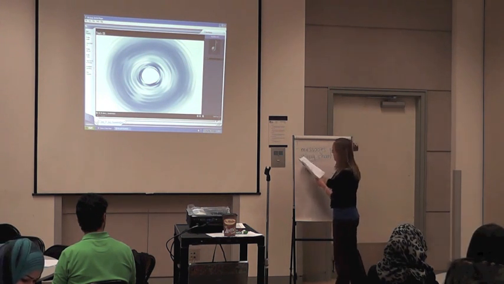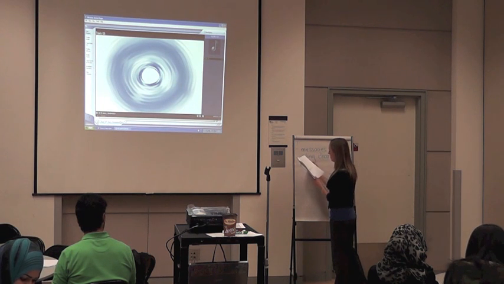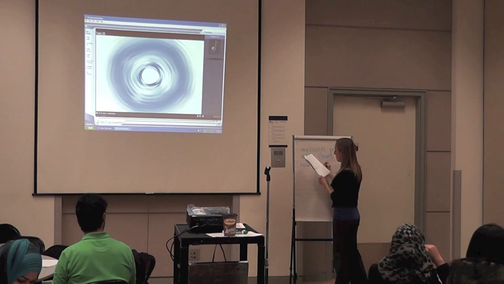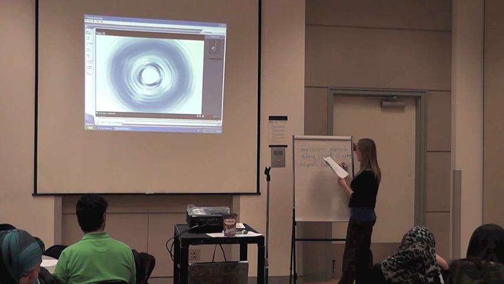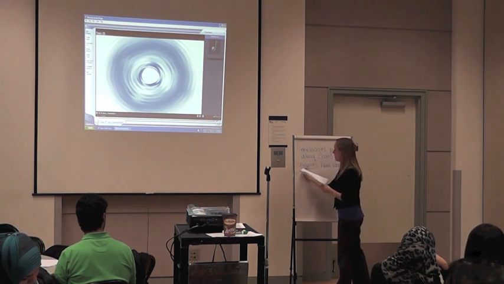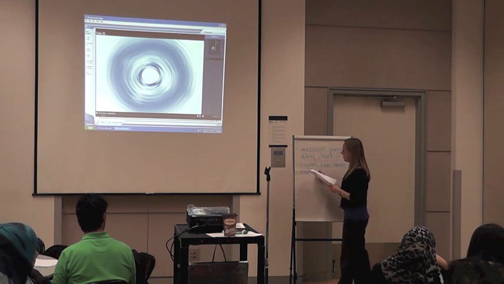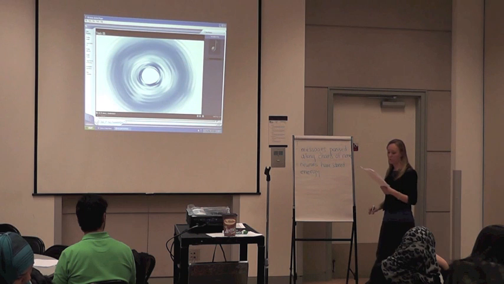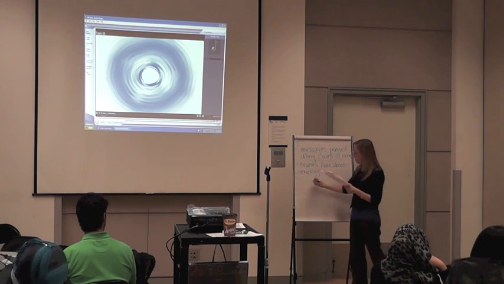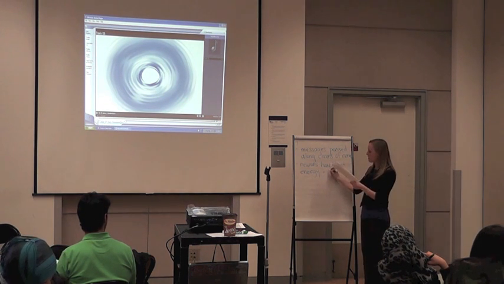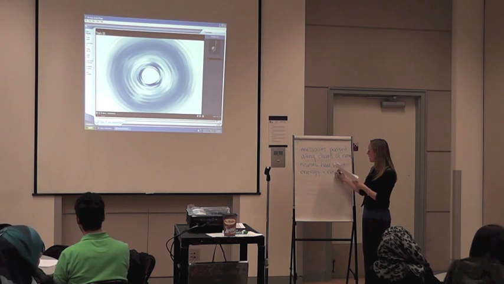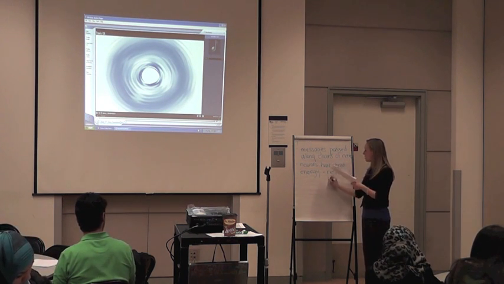Another one is that neurons have stored energy. Neurons have stored energy. And another one that you could have written, same, would have gotten you a point, is this is called resting potential.